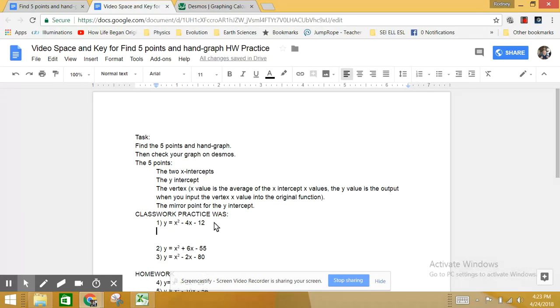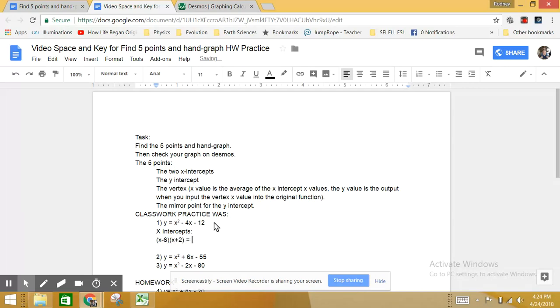So the first thing we can get are the x-intercepts. The x-intercepts are going to be found by factoring this. There are other tools, but for right now we'll factor it. So x squared minus 4x minus 12 can become (x minus 6)(x plus 2).